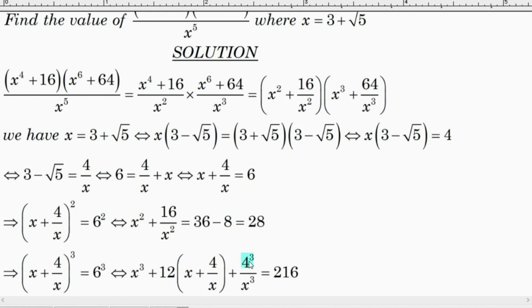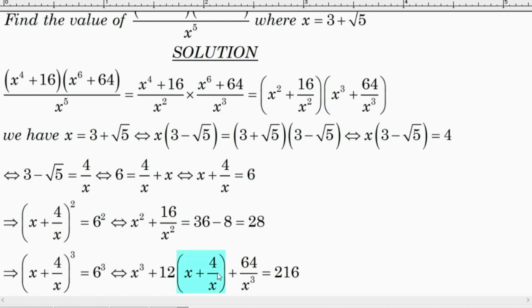So 4 cube equal to 64. Yeah. And then what about here? We have x plus 4 divided by x. So we can substitute the value of x plus 4 divided by x equal to 6 here.